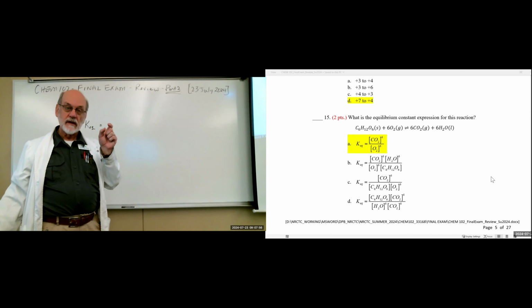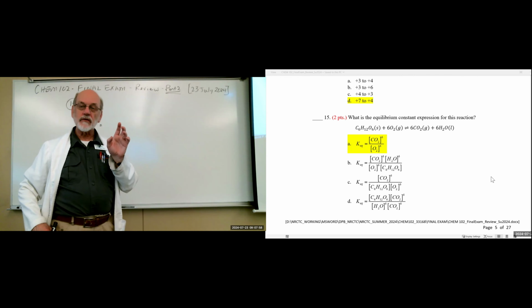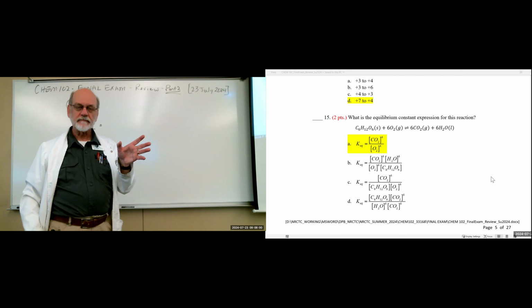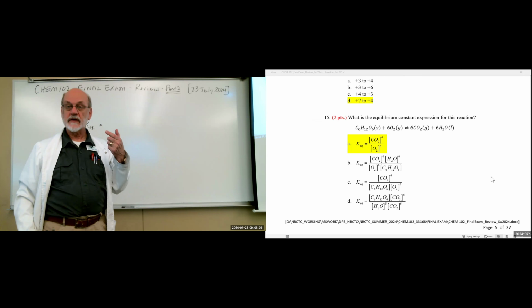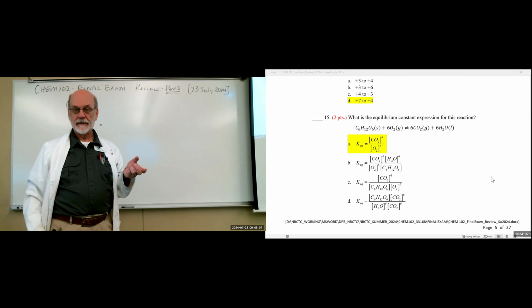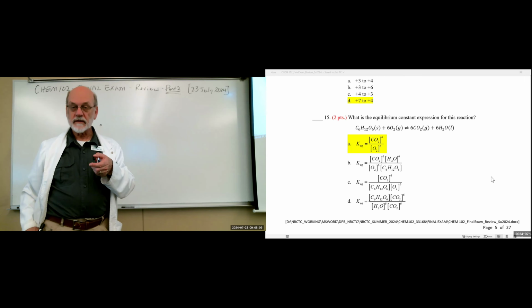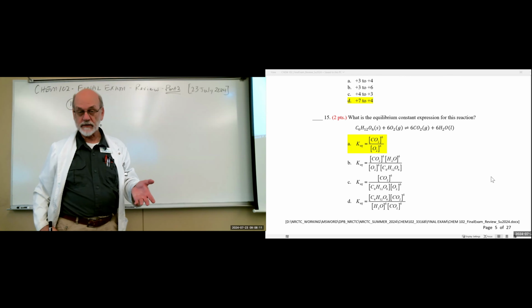So that means C6H12O6, which is probably glucose, is a solid. We don't include it because its concentration will not change. Concentration of water, it's a pure liquid, leave that one out also.